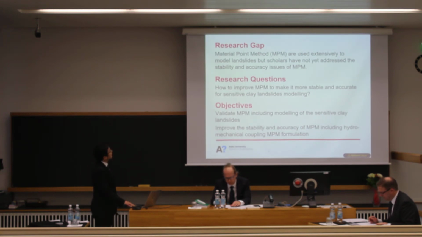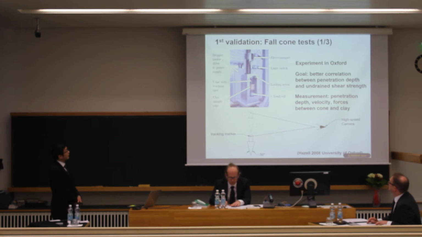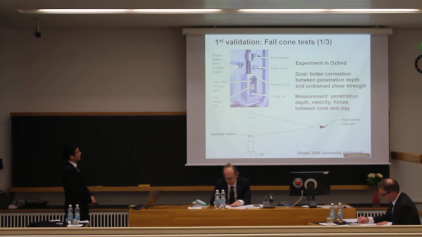And in order to understand the material point method, we perform the validation, and the first validation is a fall cone test. This is in order to determine the undrained shear strength of soft soil by measuring the penetration depth.